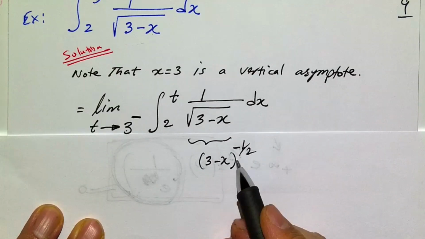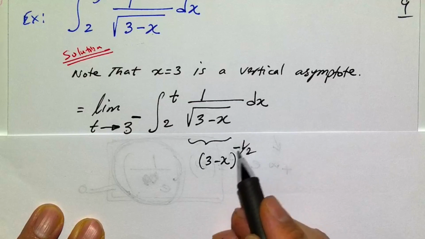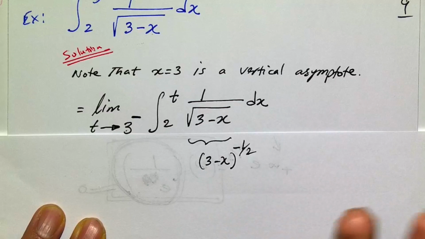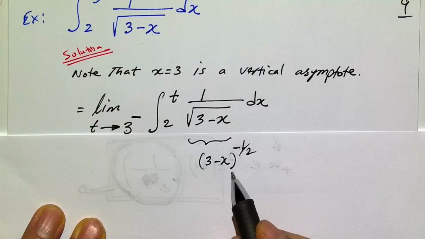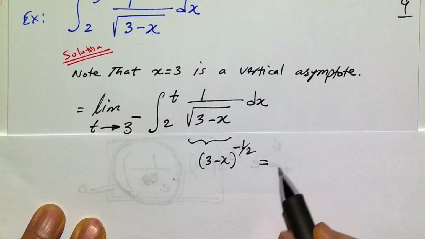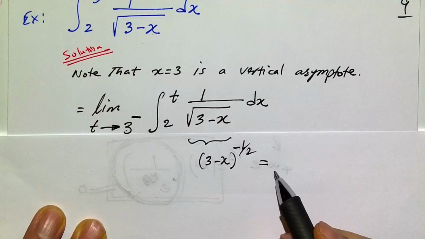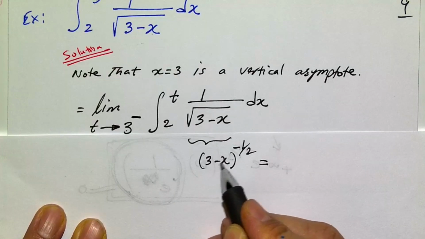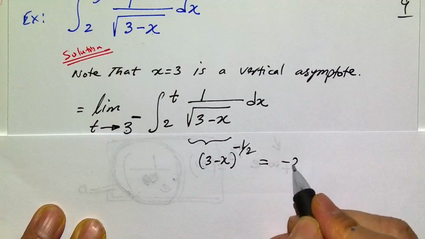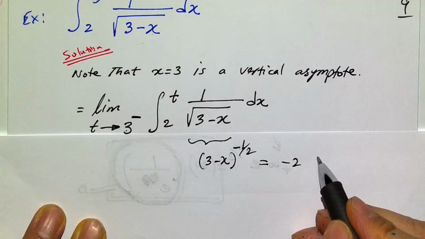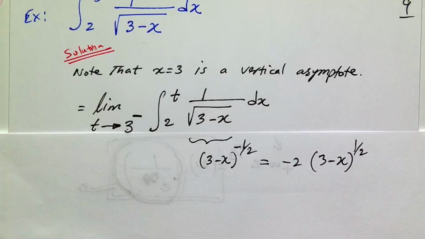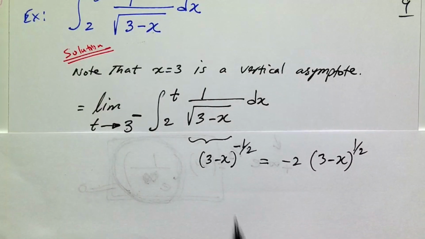If you integrate this, you add 1 to the power and divide by the new power, positive 1/2, which means you multiply by 2, and then minus again to take care of the chain rule. So it would be minus 2 times 3 minus x to the positive 1/2 power, when we integrate that.